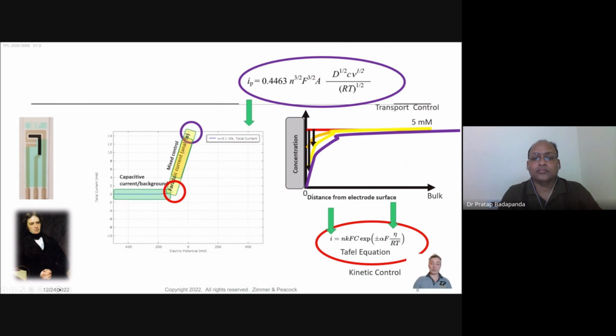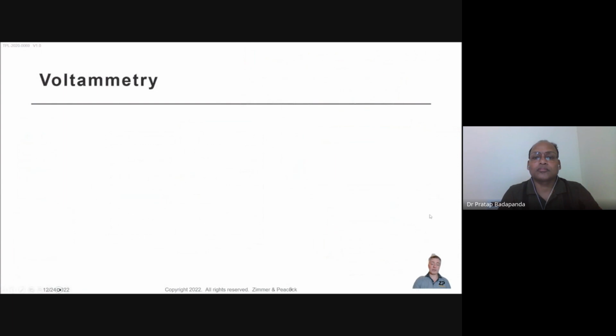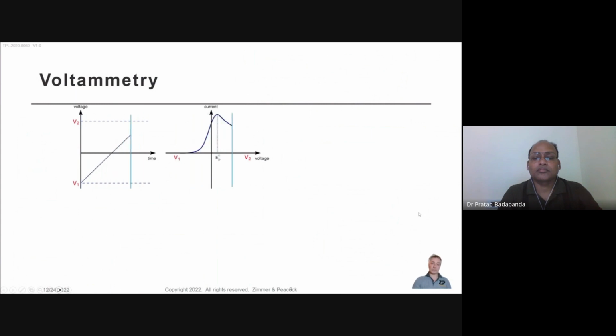And the Randles-Sevcik equation says that current is proportional to the concentration. It's also proportional to v to the half, which is the square root of scan rate. And I will describe that again in some more detail in the next slide. So we've been saying that cyclic voltammetry and linear sweep voltammetry are pretty much the same thing. In linear sweep voltammetry, you just go from V1 to V2.